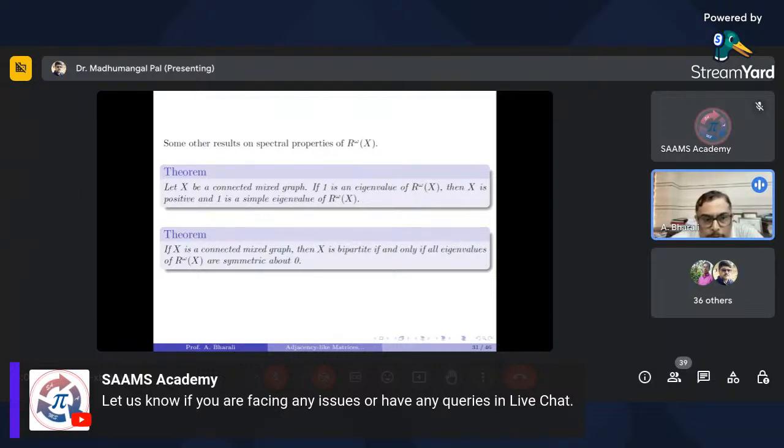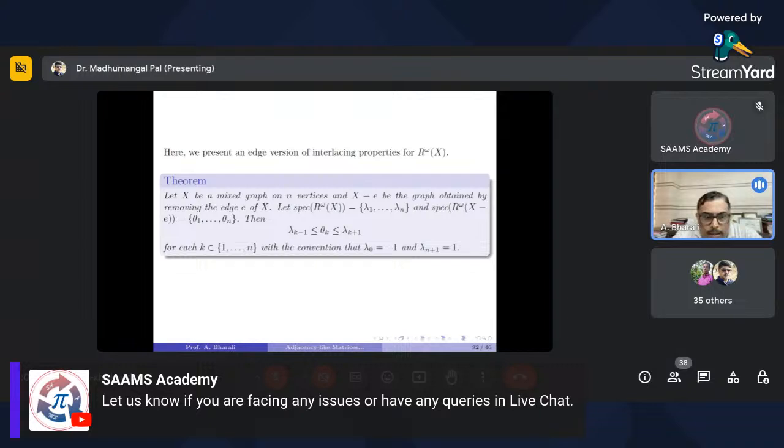And if it is bipartite, we have that the spectra is symmetric about 0. So these are some of the results which are more like the results that we have in our traditional case. But these results were not possible, or there are some differences from the traditional results, in the results found by Liu in 2017 with the definition of the first Hermitian Randic matrix. Okay.